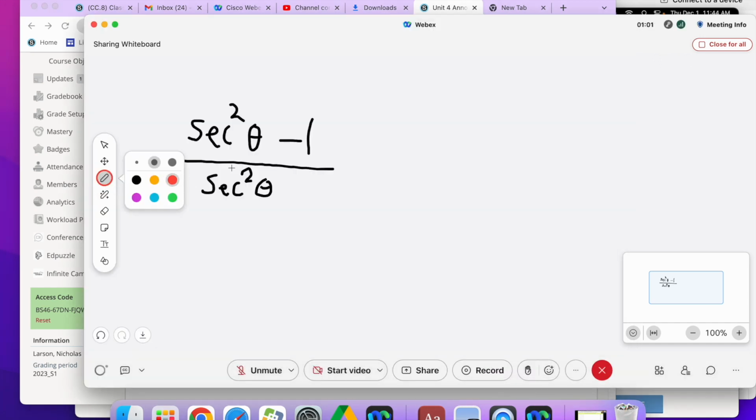I'm going to say this is the same thing as tangent squared theta over secant squared theta. And then I'm going to look at, again, what makes up those.